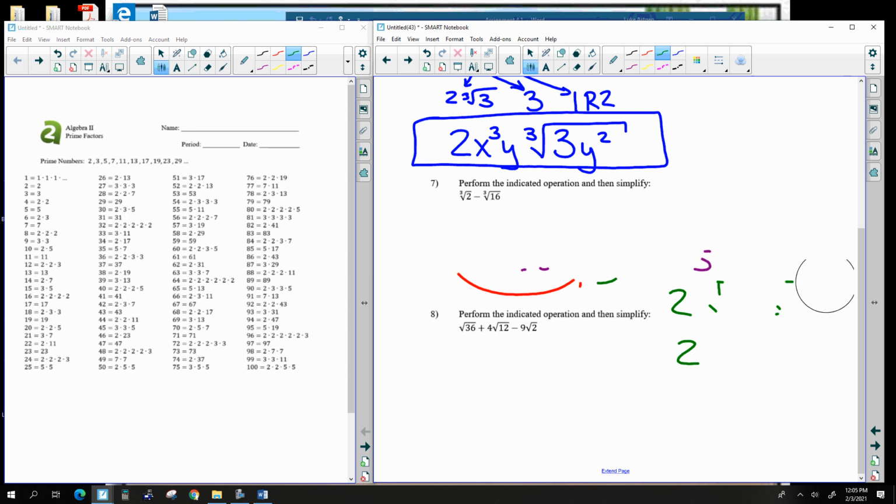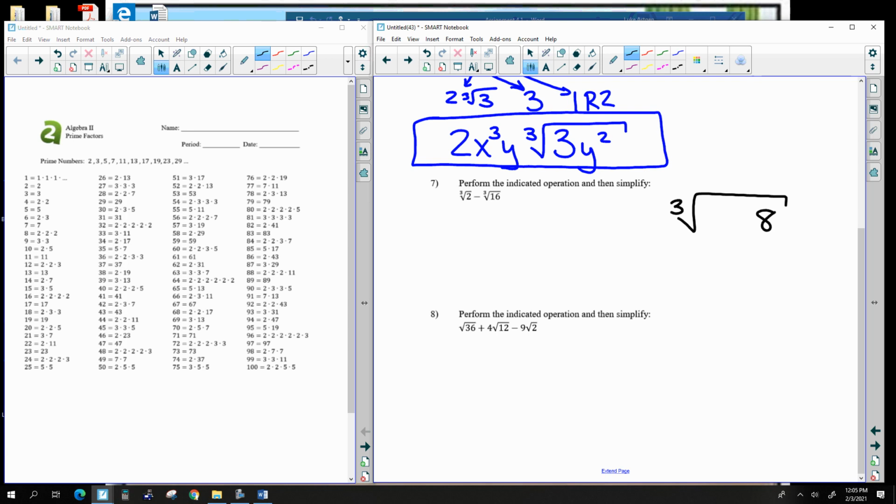I'll do one more example like that so you can see what I'm talking about. Let's take the third root of something large. Let's take the third root of 328.